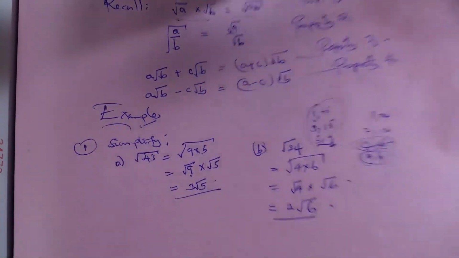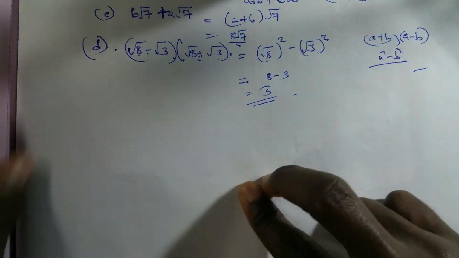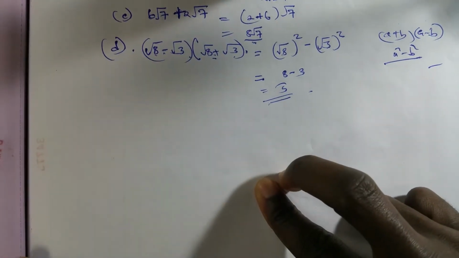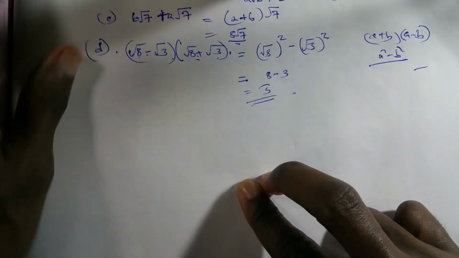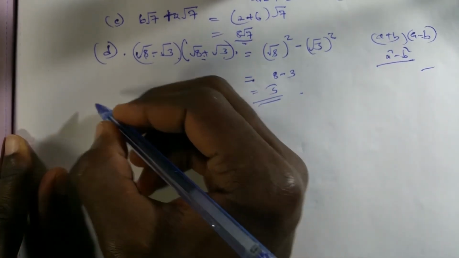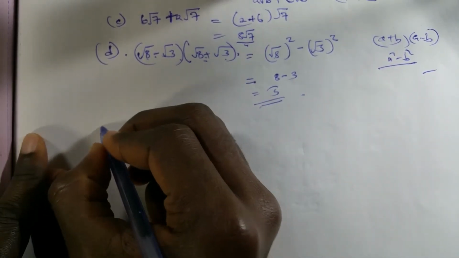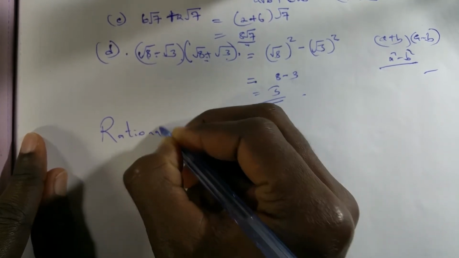Actually, we basically looked at examples, some of the things we did when we started introducing surds in our introductory work. And today we are going to continue with rationalizing the denominator.